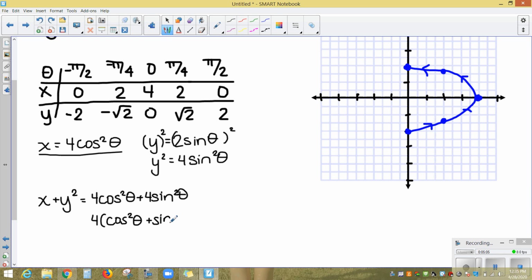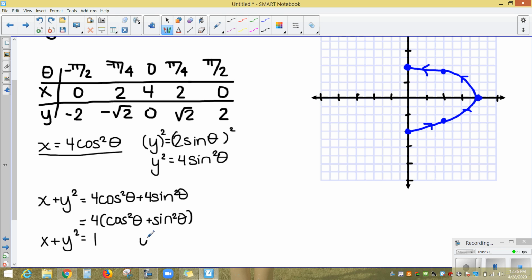It's not wrong to take a longer path. But I would like to point out that if you factor out the 4 here, cosine squared theta plus sine squared theta is equal to 1. So this looks like x plus y squared equals 1.